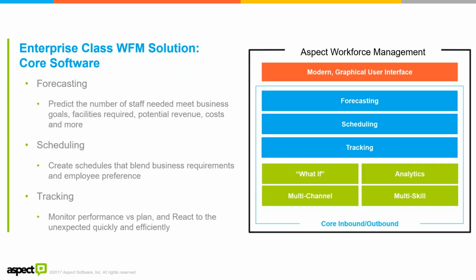So first and foremost, the core workforce management product provides 3 fundamental solutions for your business problems. The first is forecasting, a rich way to forecast your staffing need across inbound and outbound, multi-channel and back office workloads, and then a variety of different goals that you could set, whether it's a simple service level, we want to answer 80% of these contacts in 20 seconds, whether it's a deadline, this queue of emails due Friday, whether it's a level of responsiveness.